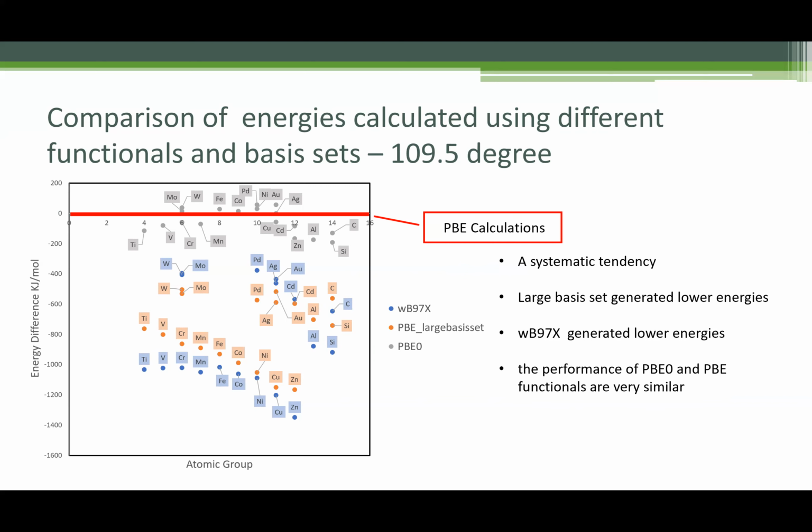There are some observations here. One is there is a systematic tendency. For example, for PBE, the calculation with large basis size generated lower energy.